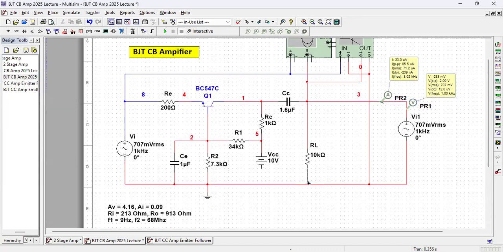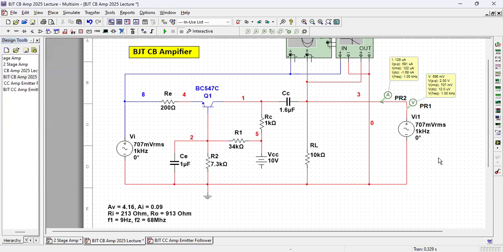Now, if you connect this 10K load, then what is the value? It is 2 volt by 581 microampere, right?